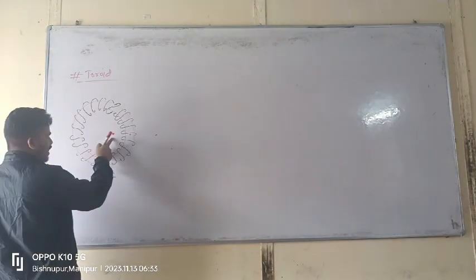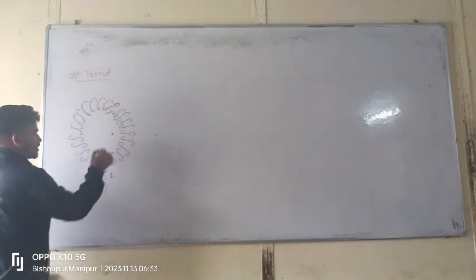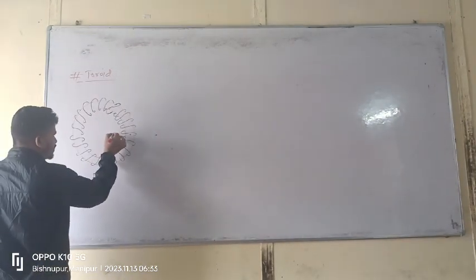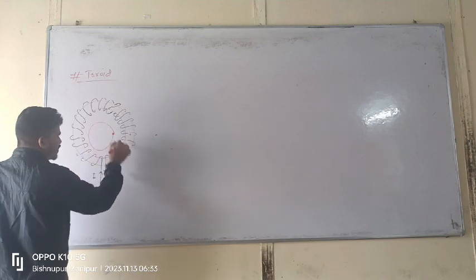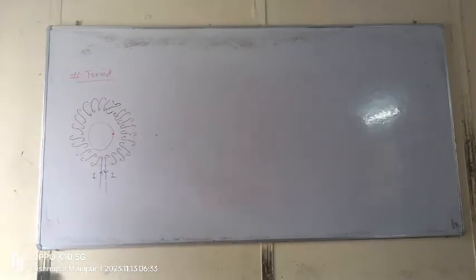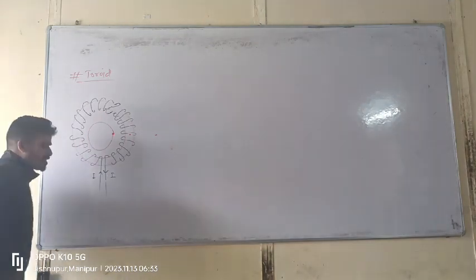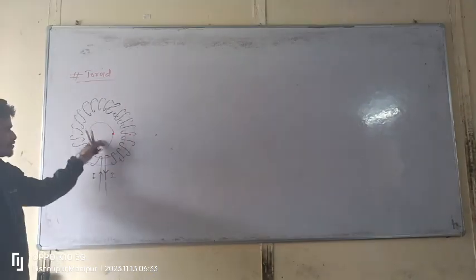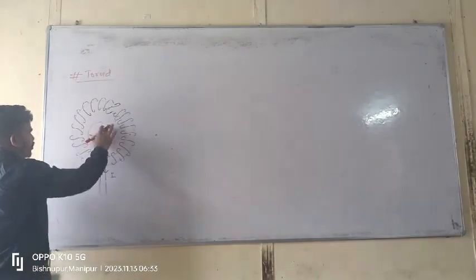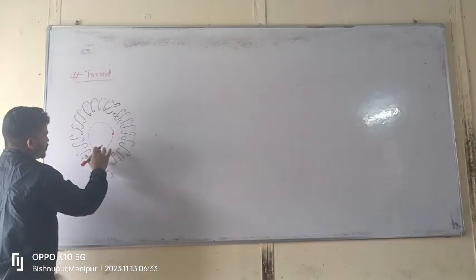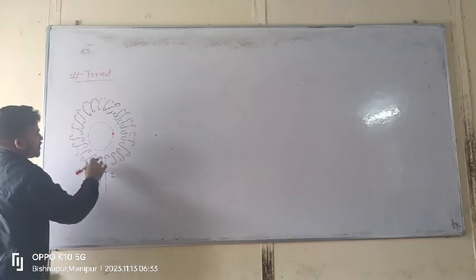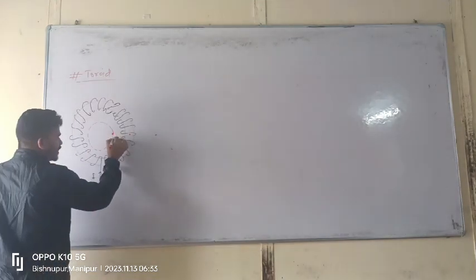I want to calculate the magnetic field here. Means I will draw an imaginary circle. Is there any current passing through this circular loop, this hypothetical loop? No. So what will be the magnetic field at P1?